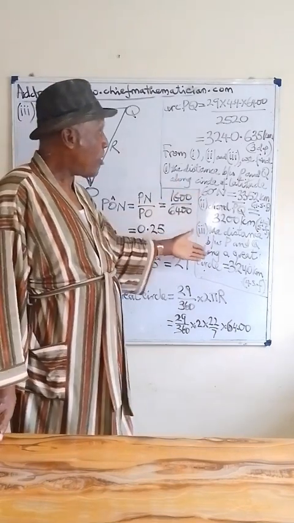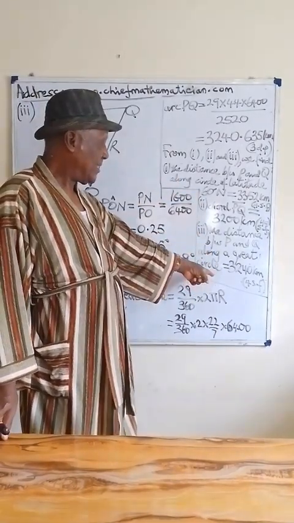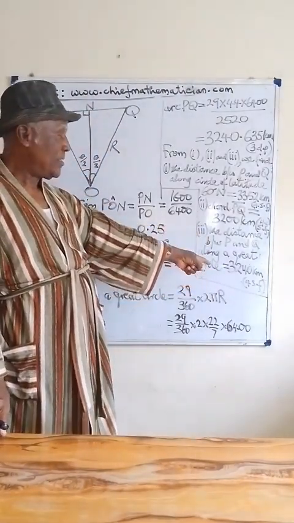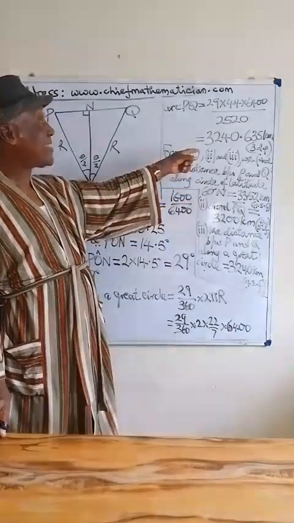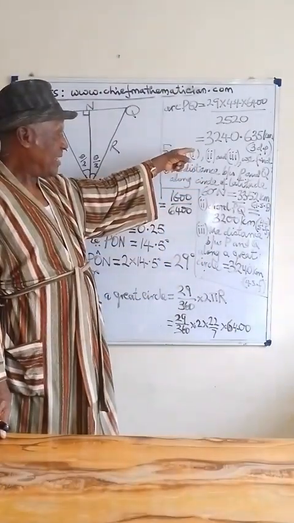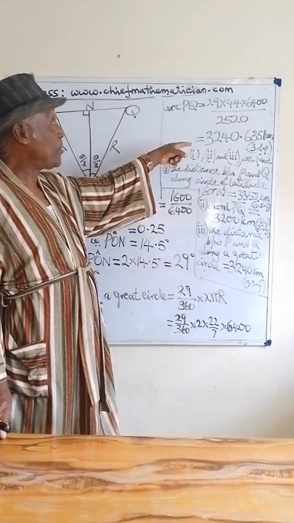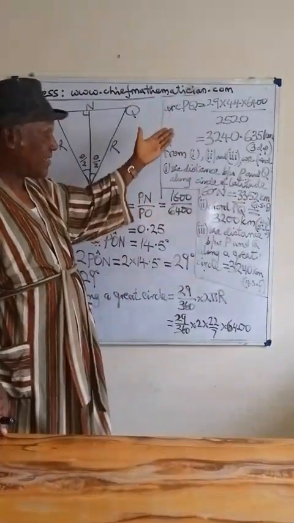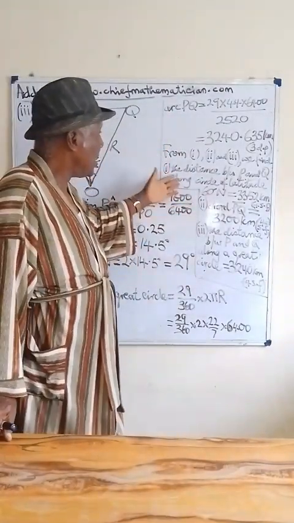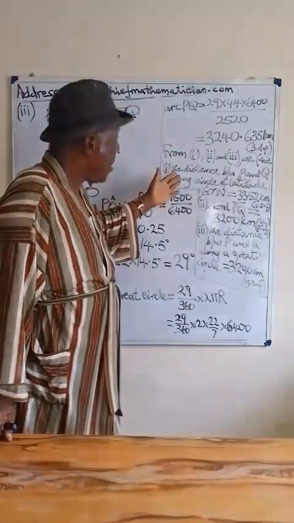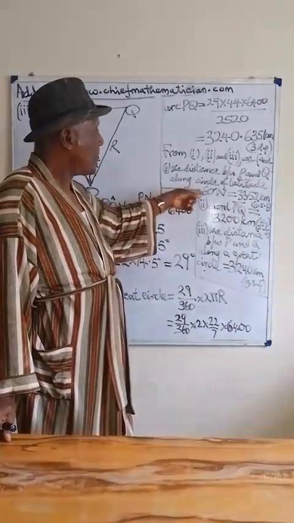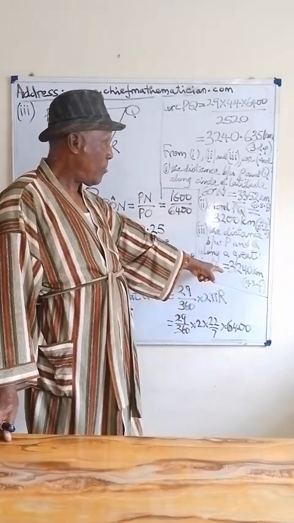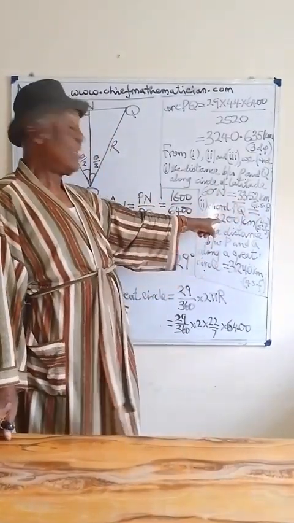The shorter one is the distance between P and Q along a great circle. And the longest distance is the one between P and Q along the circle of latitude, as you can clearly see. That is the longest distance, followed by this one, but the shortest is the chord.